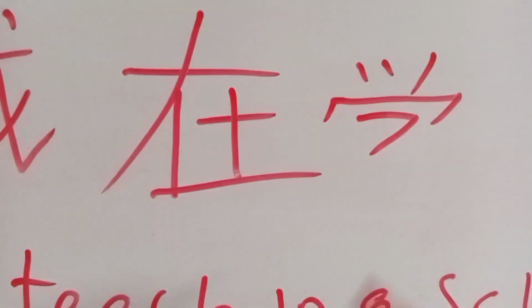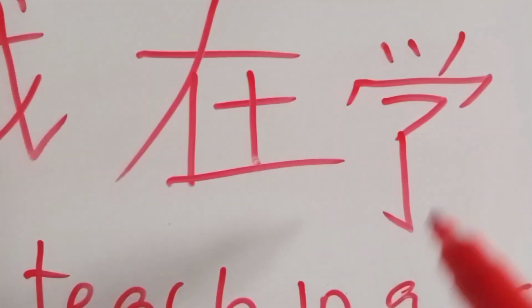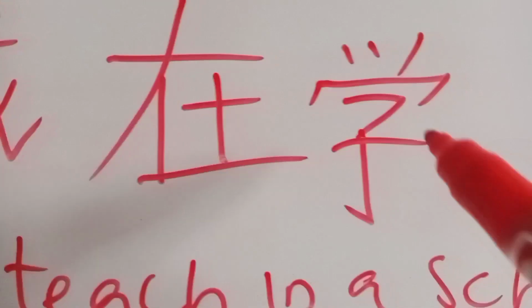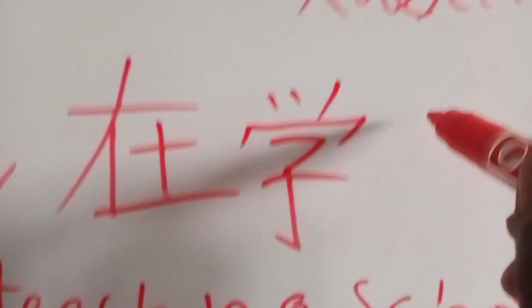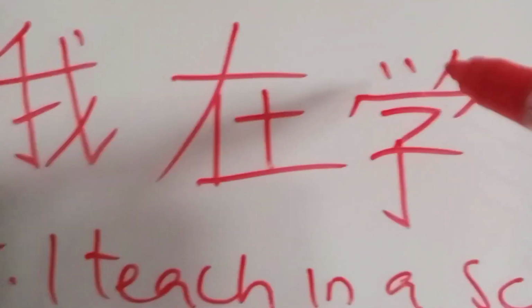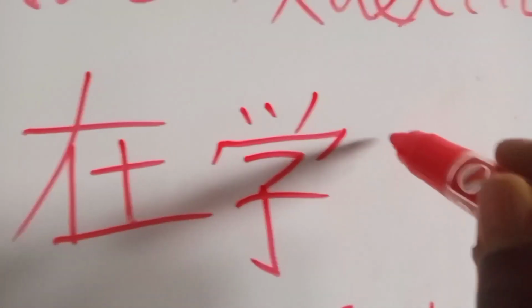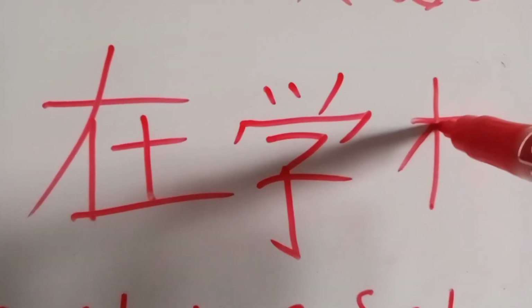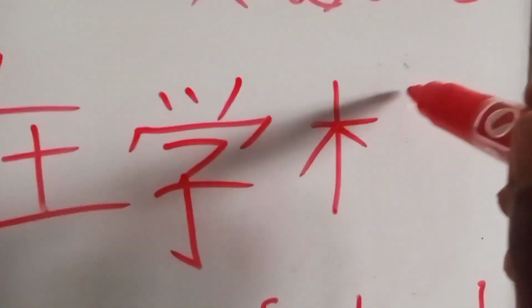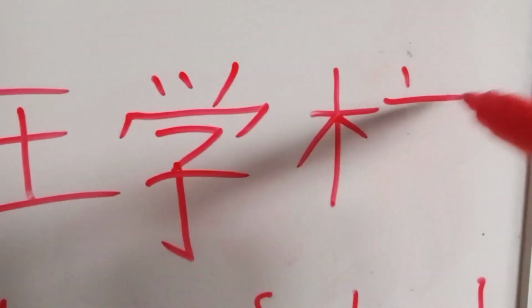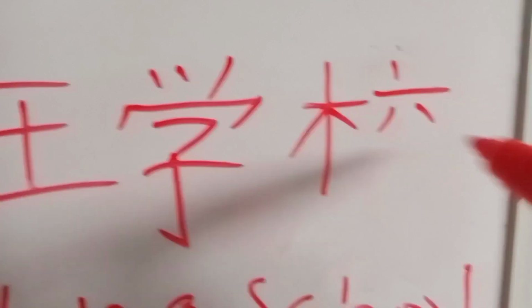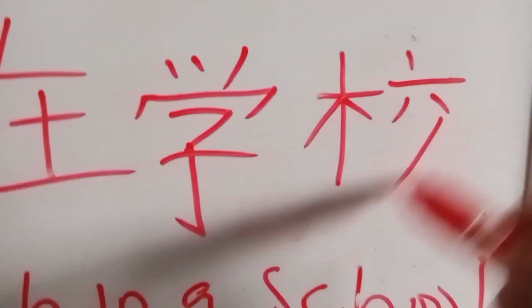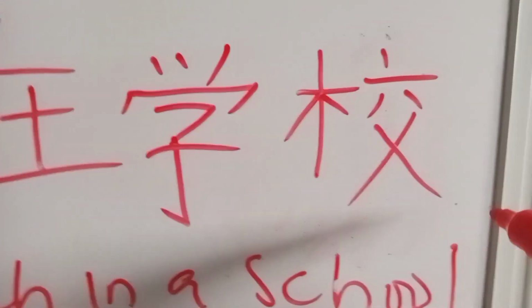And like this. This is 学. This is how to write 校. We have written 学. Then this is 校. You do this. Write 6. I don't know if you remember the number 6. Then do this. Is this crisscross? What do they call it? But this is 学校.